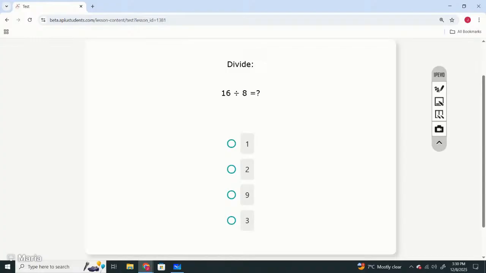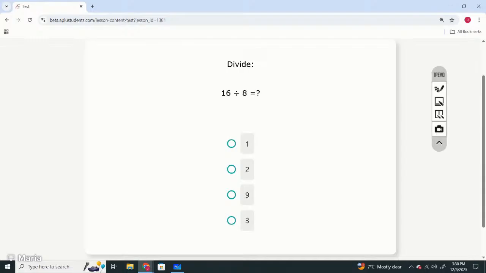16 divided by 8. 8 times what number is 16? You need to count a table of 8 until 16.